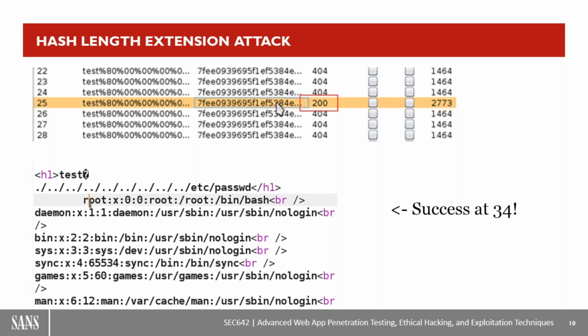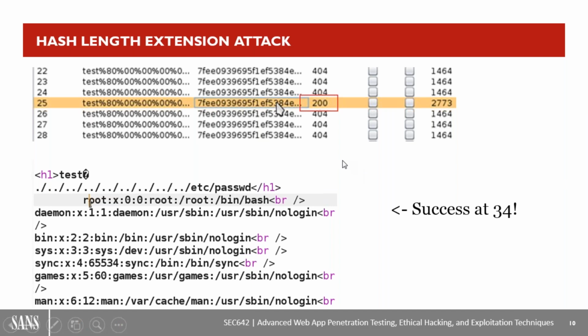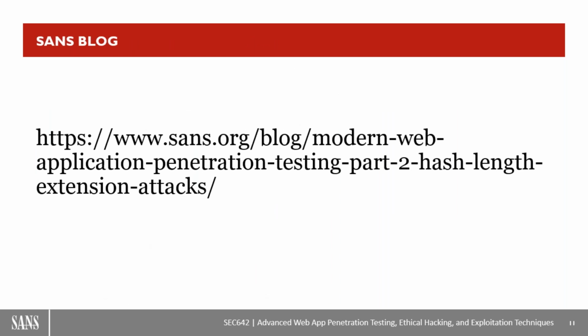So number 1 is actually the baseline, and number 25 would be 34 bytes. In this case, we've discovered by brute forcing that 34 bytes is in fact the answer for this particular solution, because it did not tell us how many bytes to go in for the secret.